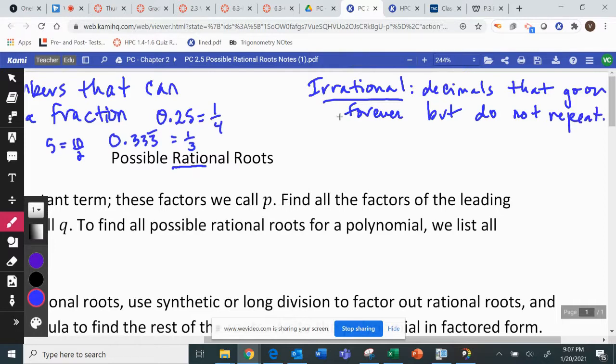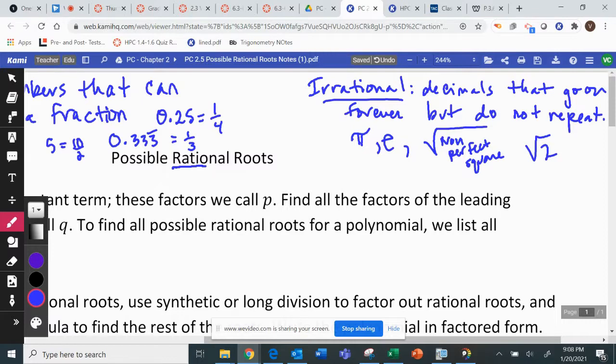You might know that pi is an irrational number. E is an irrational number. And the square root of any non-perfect square would be irrational, like square root of 2.